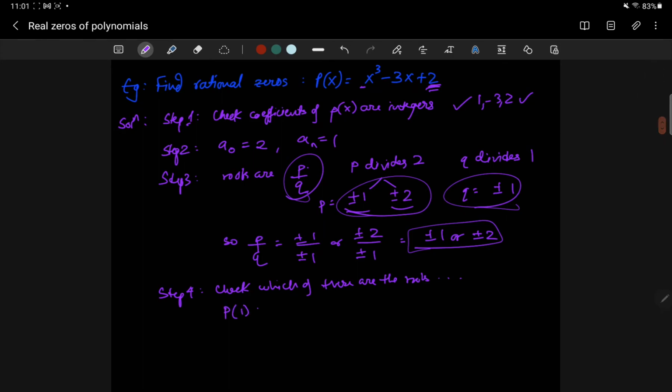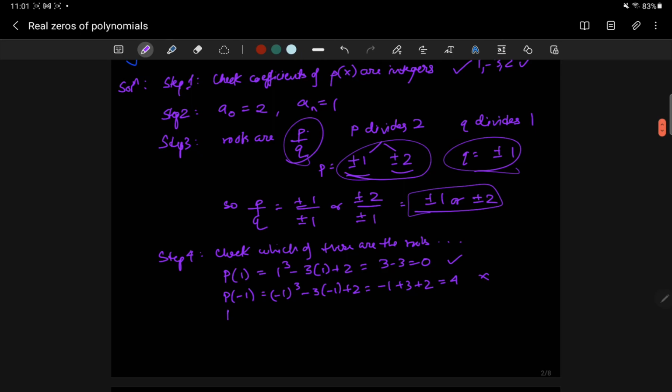So p of 1 is 1 cubed minus 3 times 1 plus 2, which is 3 minus 3, which is 0. So 1 is a zero. Negative 1 is negative 1 cubed minus 3 times negative 1 plus 2. That's negative 1 plus 3 plus 2, which is 4, which is not 0.